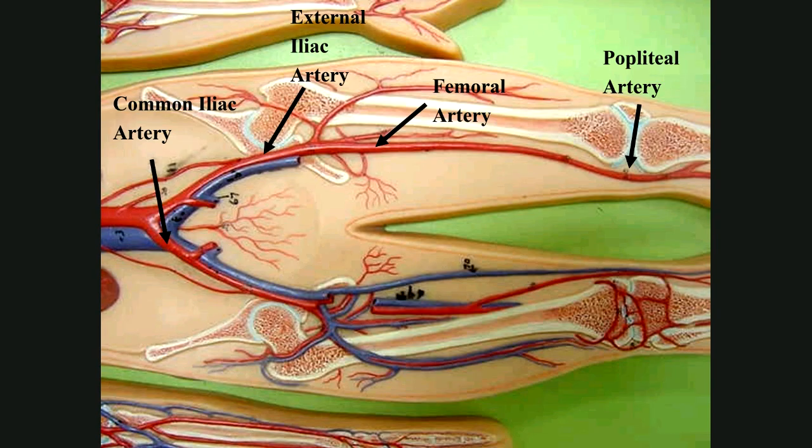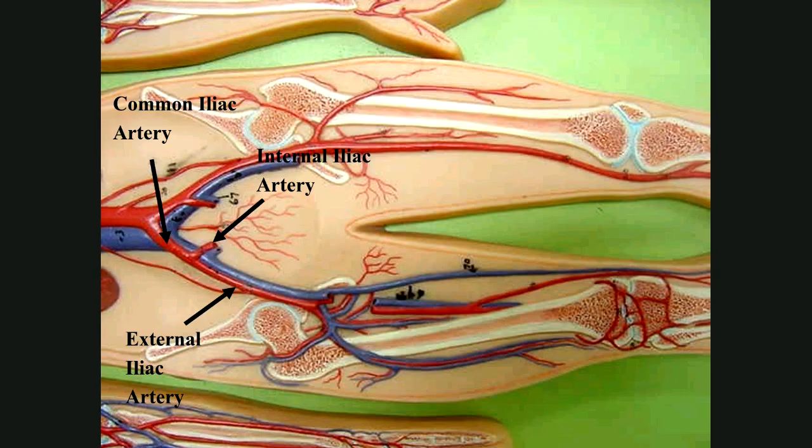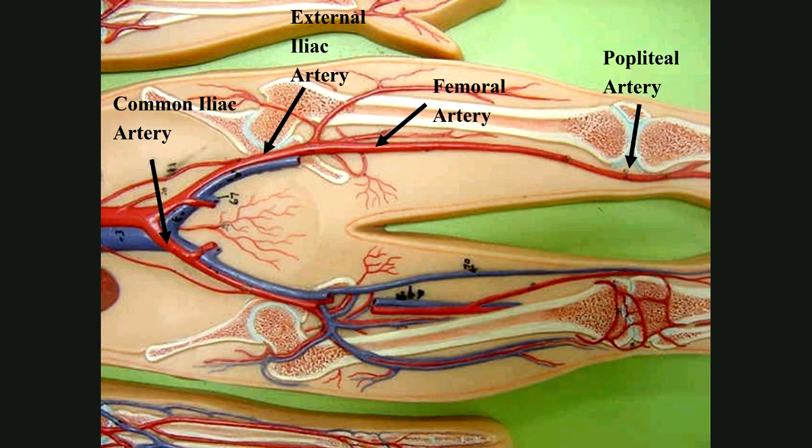So let's review that again real quick. So here's our abdominal aorta. Follow it all the way down. It's going to split. Right here's where it splits. And we're going to get the two common iliacs. They're going to split. Right here's where they split. And we're going to get an external iliac and an internal iliac. We're going to follow the external iliac out of the pelvis. As soon as we leave the pelvis, it's now called femoral.